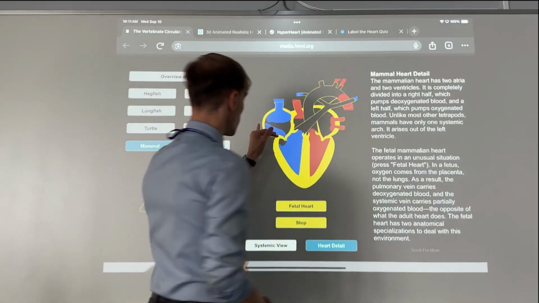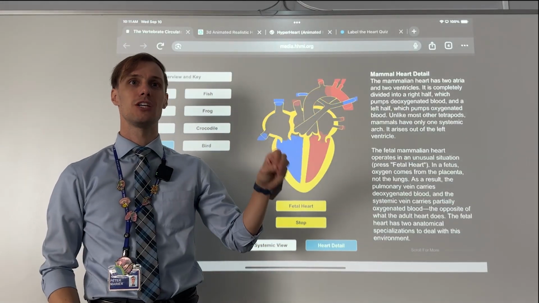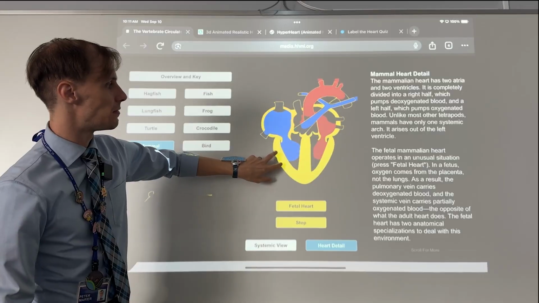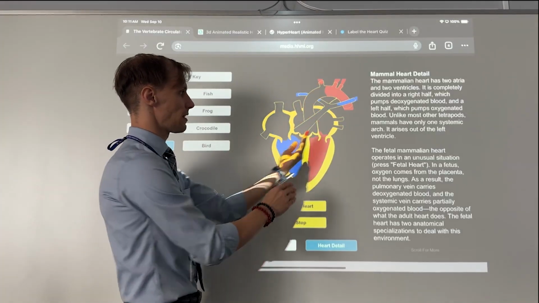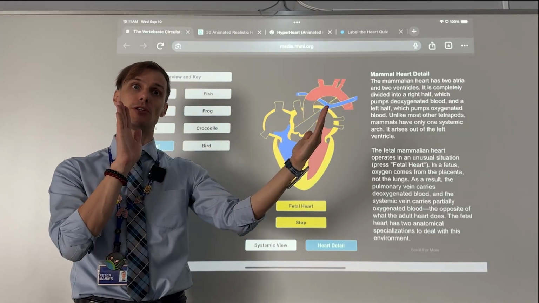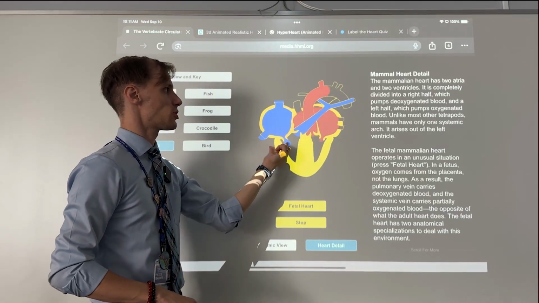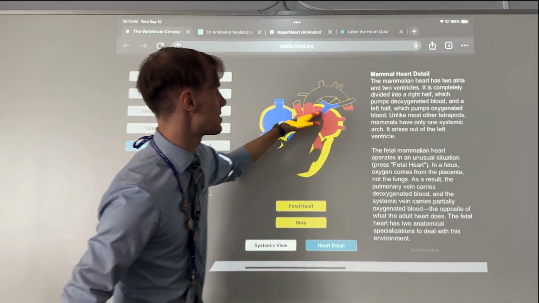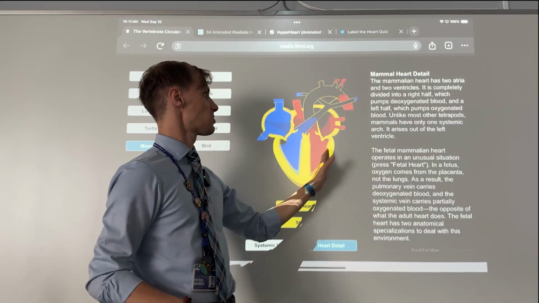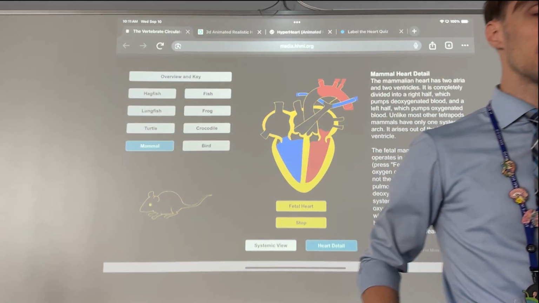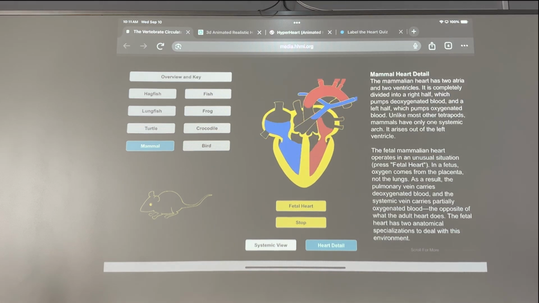Again, look at the differences in tissue: much thinner, much thicker, and notice that the blood is partitioned right here. So we have oxygenated blood and deoxygenated blood. This would be sent to the lungs, and this would be sent to the rest of the body, via the aorta. So this is the double circulatory path.